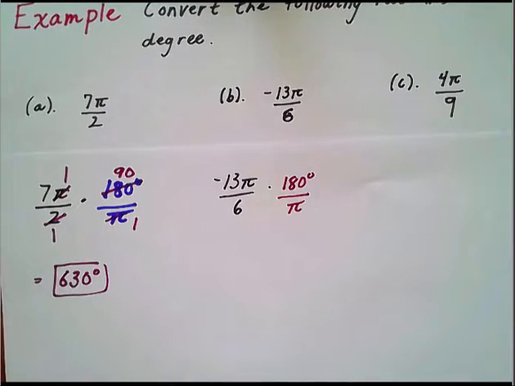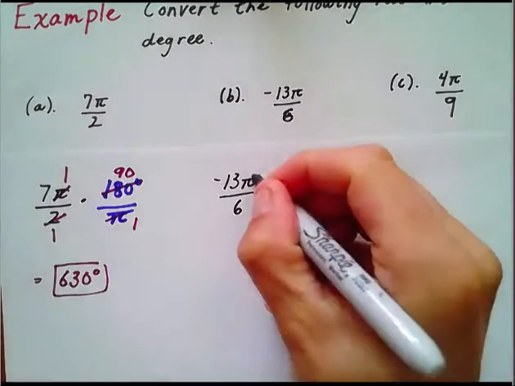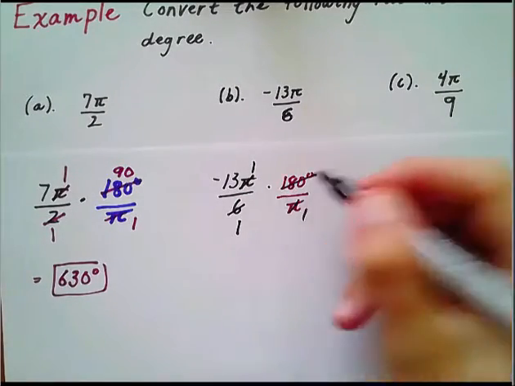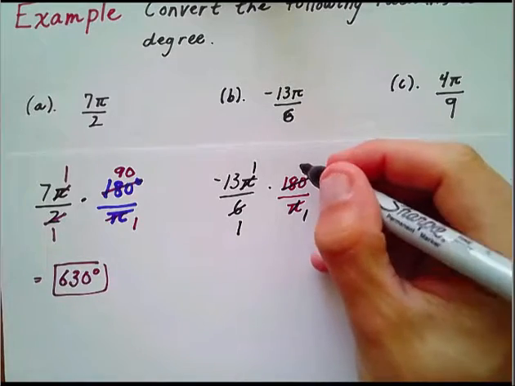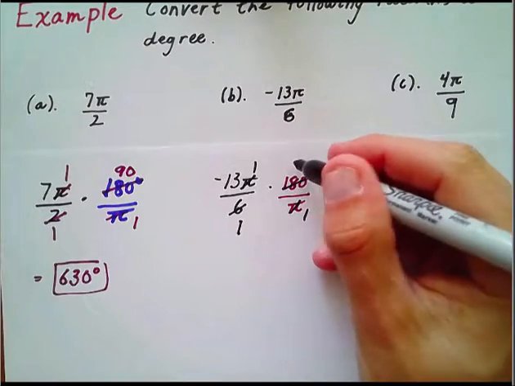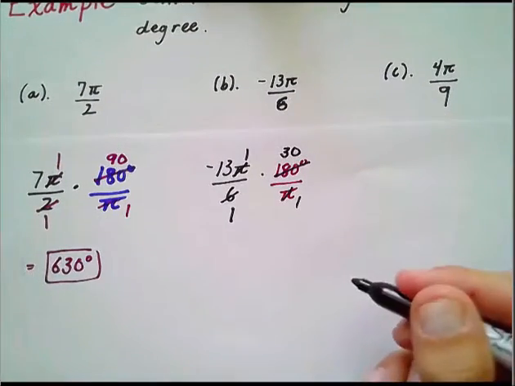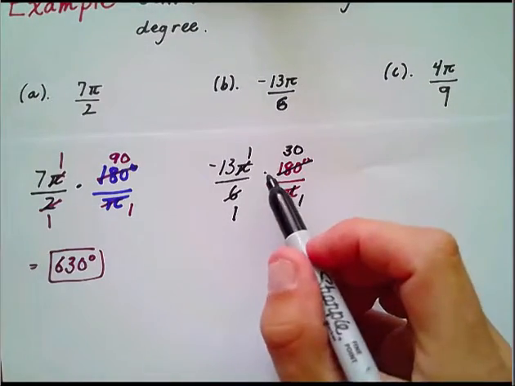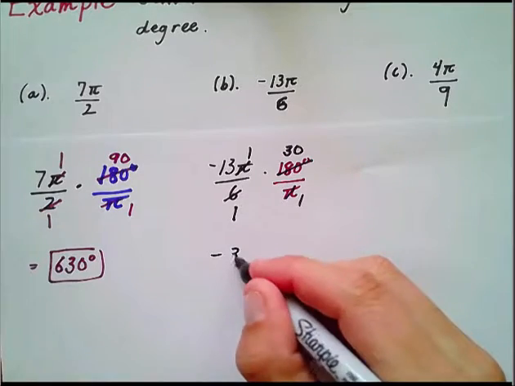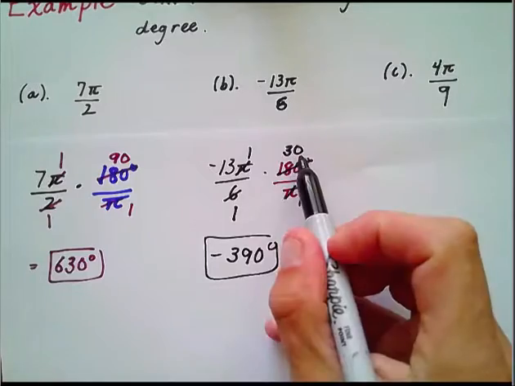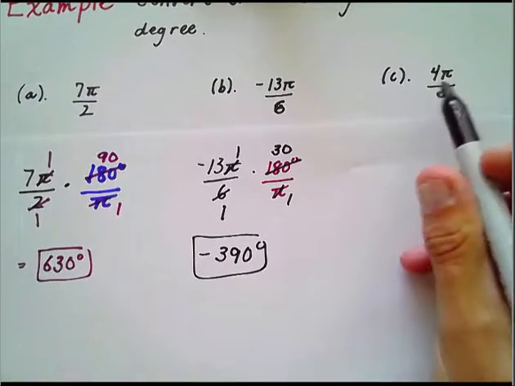I know that pi will become 1 with itself. 6 goes into itself once, 6 goes into 180 thirty times. So this looks like we're going to have negative 390 degrees, negative 13 times 30.